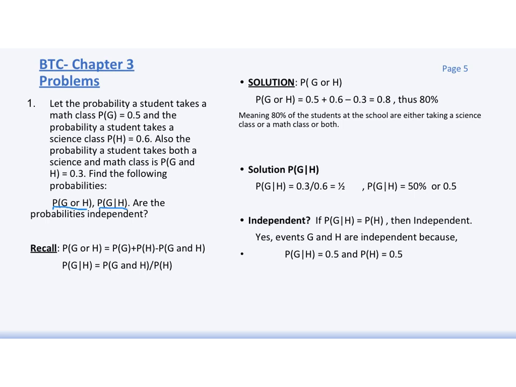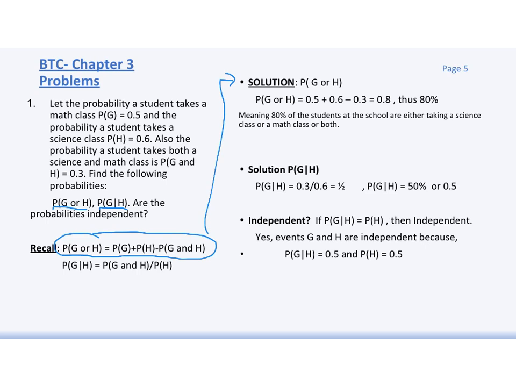For the first solution, the probability of G or H, recall we have the following equation: the probability of G or H is equal to the probability of G plus the probability of H minus the probability of G and H. So here's our solution.